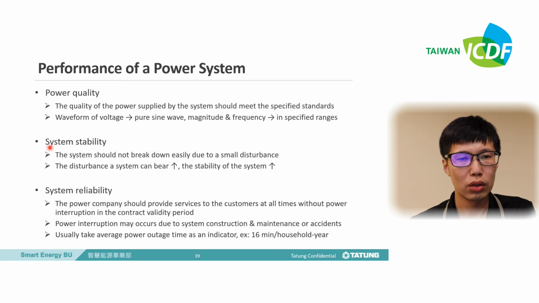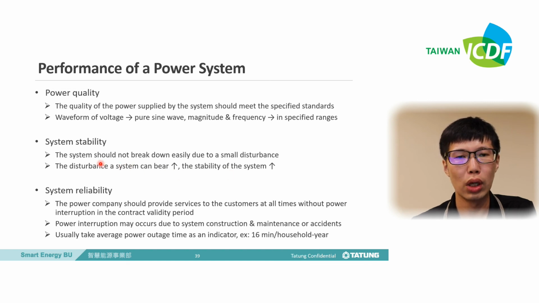And the second one is the system stability. The system should not break down easily due to a small disturbance. And if the disturbance a system can bear is larger, then the stability of the system is higher.